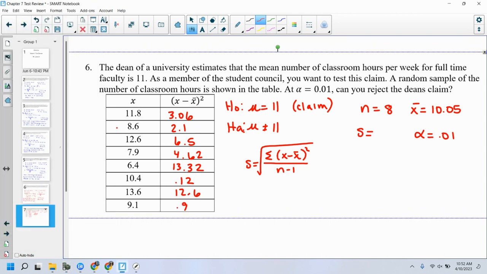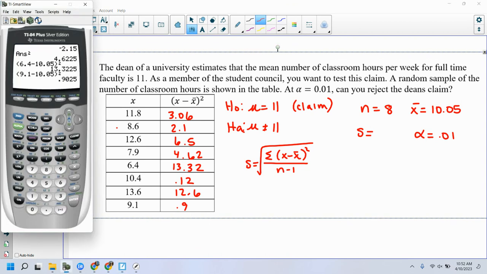9.1 minus 10.05 squared, and that gets me 0.90. All right. Now I'm going to add all these up: 3.06, 2.1, 6.5, 4.62, 13.32, 0.12, 12.6, and 0.9.